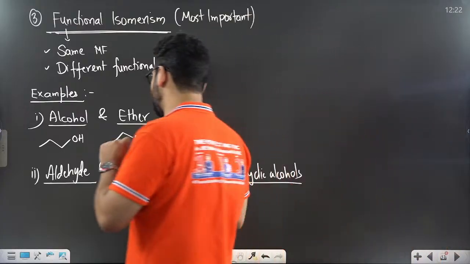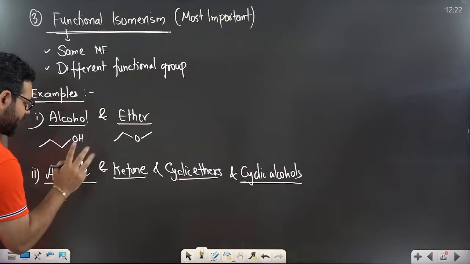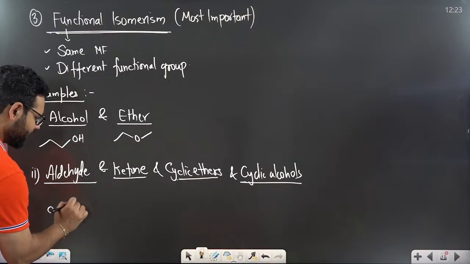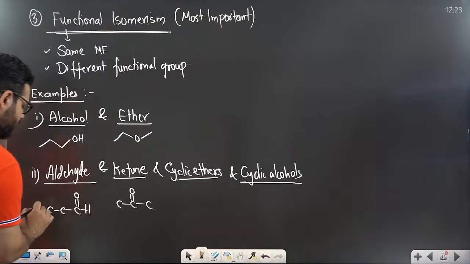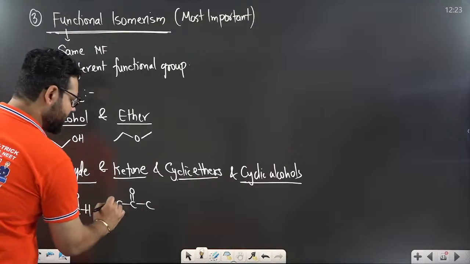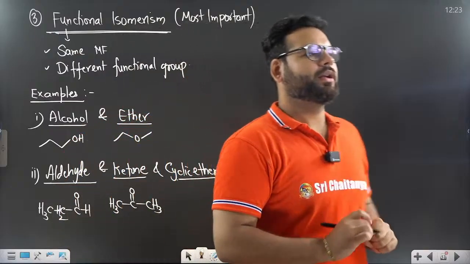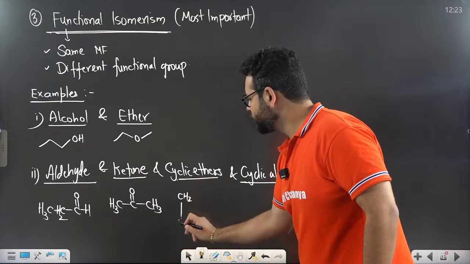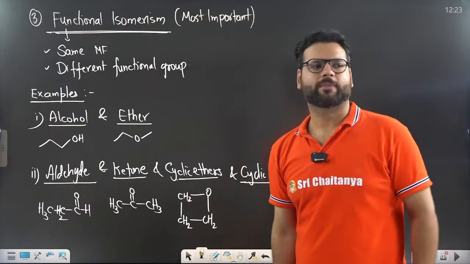Let me show one simple example to you. For example, if I have a 3 carbon aldehyde, 1, 2, 3, and a 3 carbon ketone. You can see here I am writing the hydrogens also. CH3, CH2, CHO, and CH3, CO, CH3. Now if I take a cyclic ether, it may look like this: CH2, CH2, CH2, O, like this.